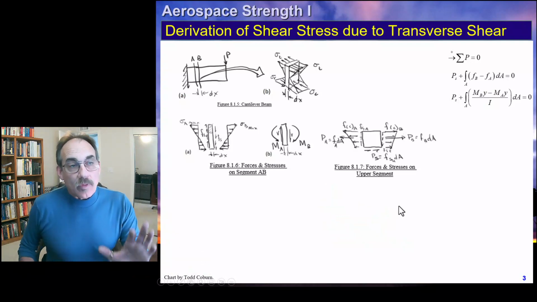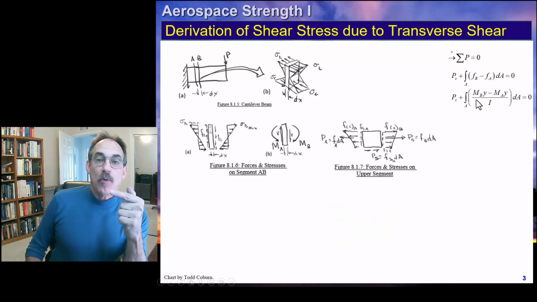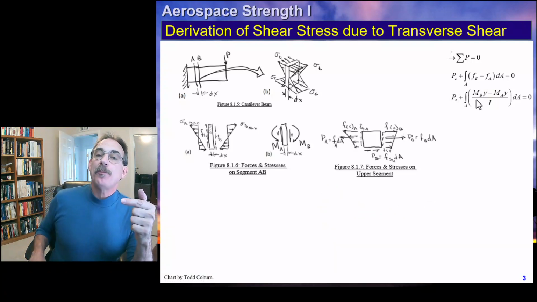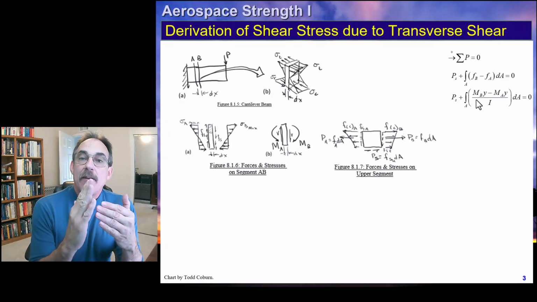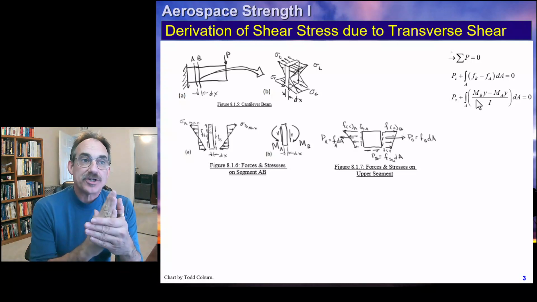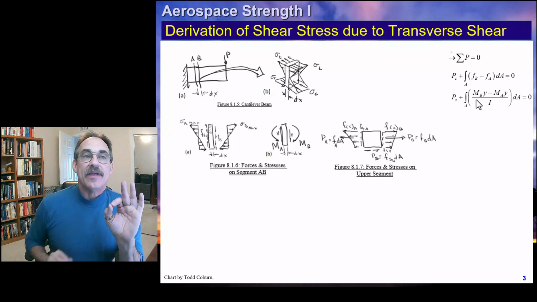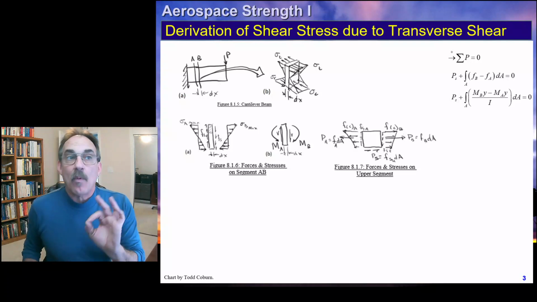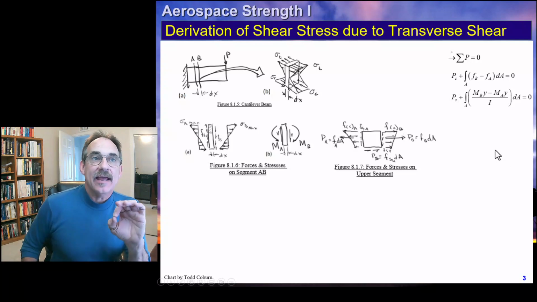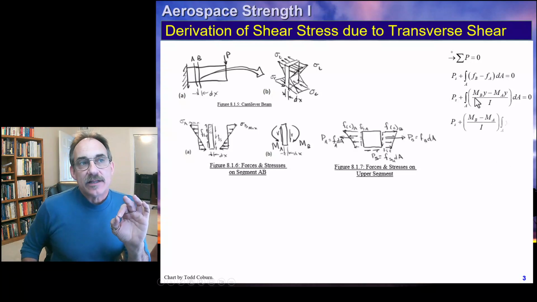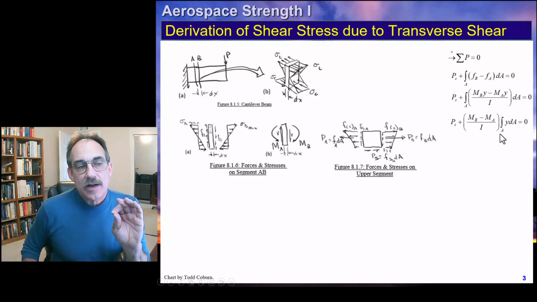All right. So actually the shear force on the bottom face plus that integral of the stress at B minus the stress at A times dA. And that stress at A and B is just MY over I times dA. Now if we look at this, we see that those first terms aren't changing, so we can move that integral sign straight over to the y dA.